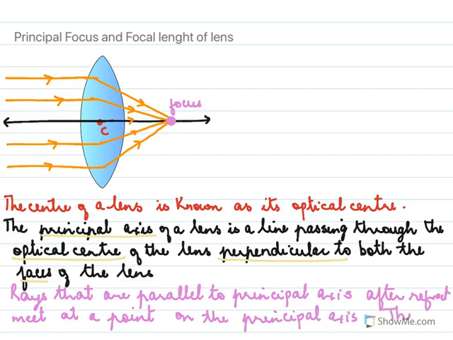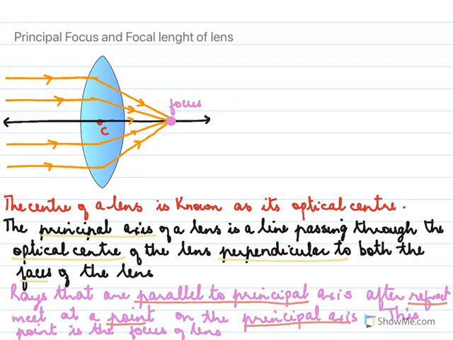So this point is the focus of the lens. So once again, rays that are parallel to the principal axis after refraction through the lens meet at a point on the principal axis. This is the focus of the lens.